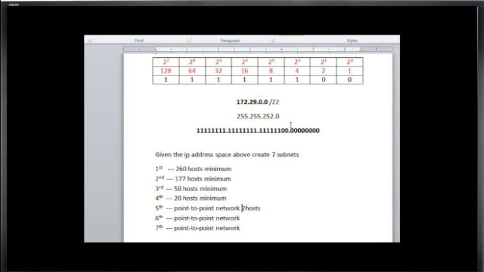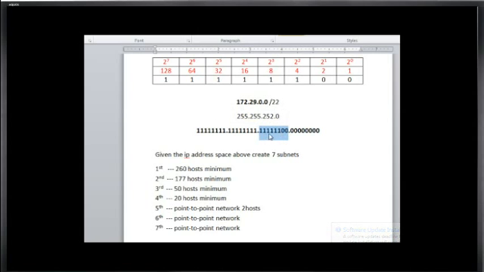That's what point-to-point network means. Okay, so the first thing to do is to figure out this address space. What is the full network address space of just this address? So if we start with 172.29.0.0, and that is the network, where's the broadcast number? Where does it end? Well, when we take /22 and put it in decimal and in binary, we see that this is the octet where we have borrowed bits.